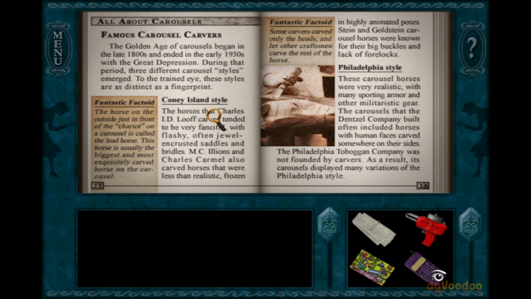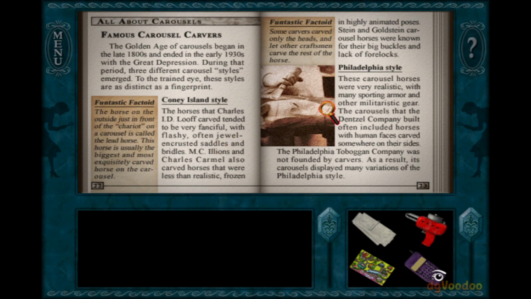So we've got the Coney Island style carousel. The horses that Charles I.D. Looff carved tended to be very fanciful, with flashy, often jewel-encrusted saddles and bridles. M.C. Illions and Charles Carmel also carved horses that were less than realistic, frozen in highly animated poses.